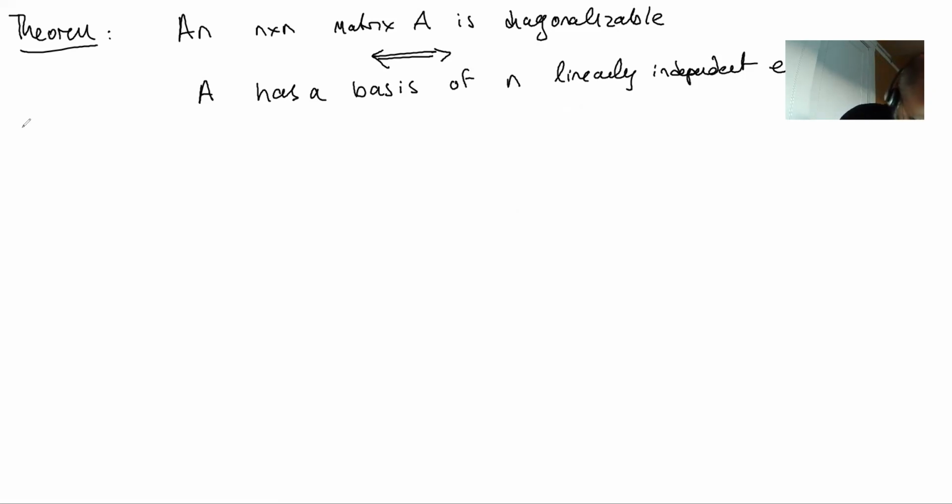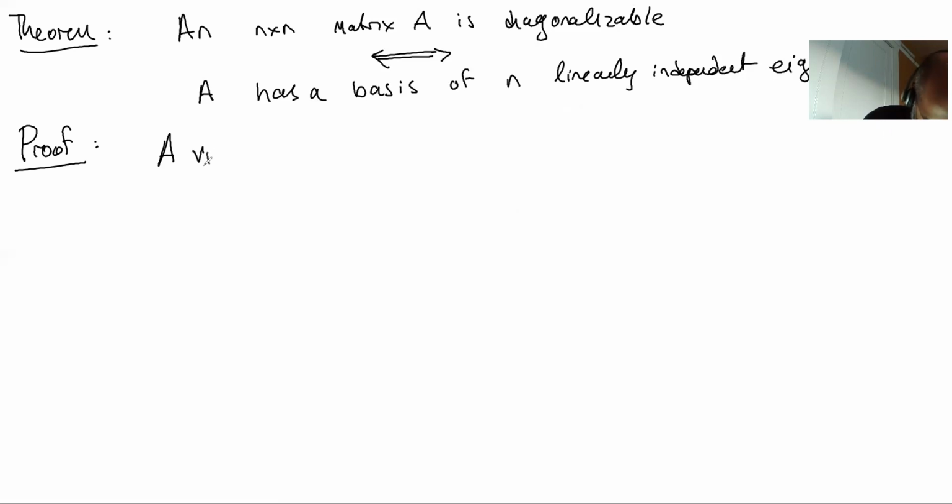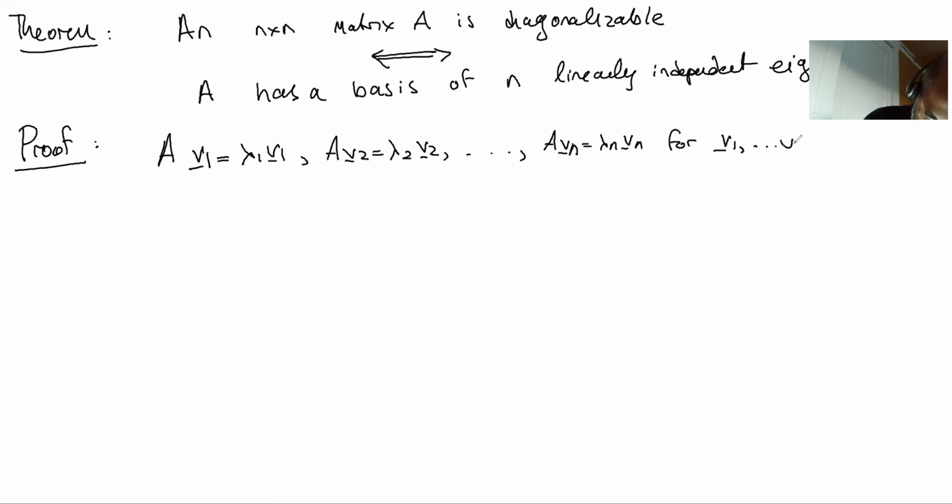Let me tell you the proof. Well, let's start actually with the second statement. So let's suppose A has n linearly independent eigenvectors. That's what it means to have n linearly independent eigenvectors.